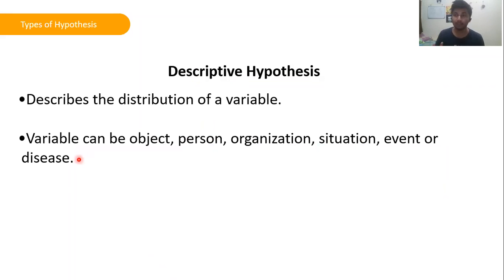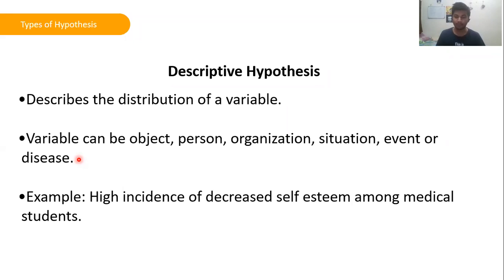In simple words, whatever hypothesis you have made, about whatever thing it is about, if your hypothesis is simply giving a statement, say you have an interest in some substance A, so that substance A is your variable, and your hypothesis is simply describing substance A, then it's a descriptive hypothesis.